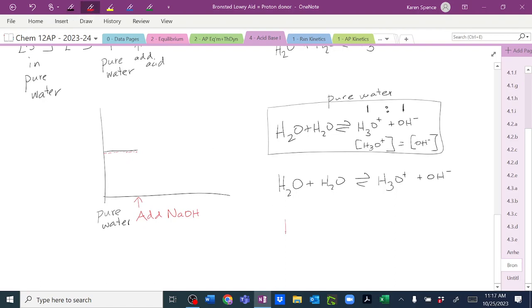First of all, what does NaOH do in water? Let's say it starts as a solid. It dissociates, because remember, big B are your strong bases, and all alkali compounds are soluble.